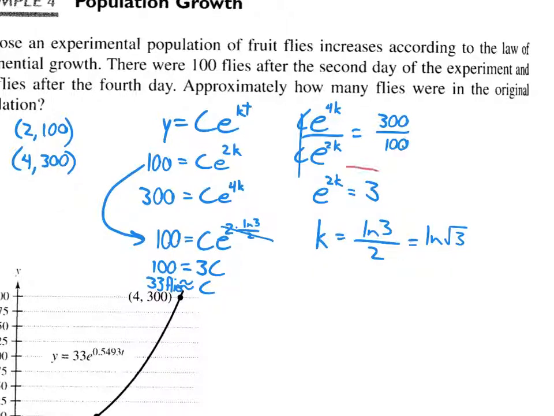When we get to this point right here, we could go ahead and plug that in, and that would take us down to that step a lot faster. That's great thinking.